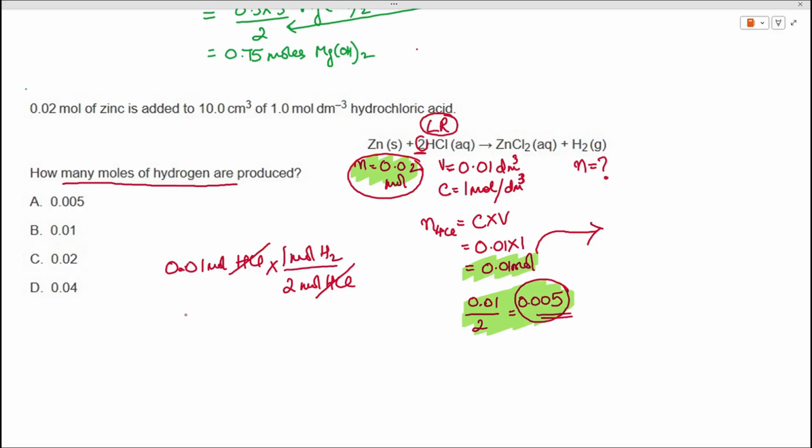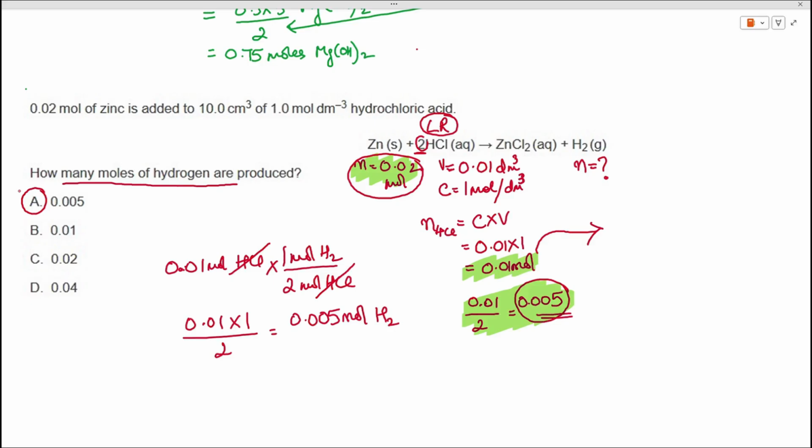So we have the number of moles of hydrogen as 0.01 multiplied by 1 divided by 2, which is equal to 0.005 mole of hydrogen. So our correct option is option A.